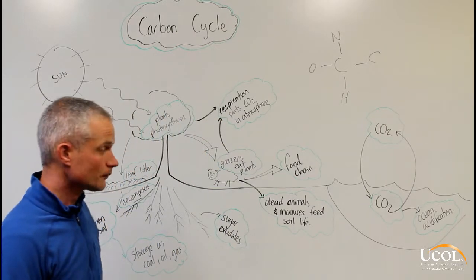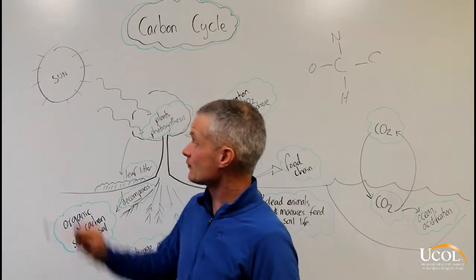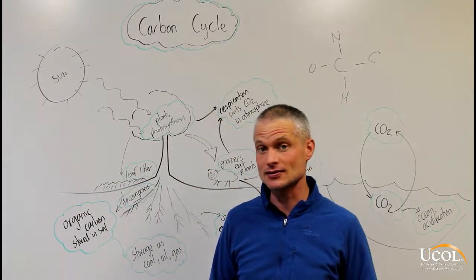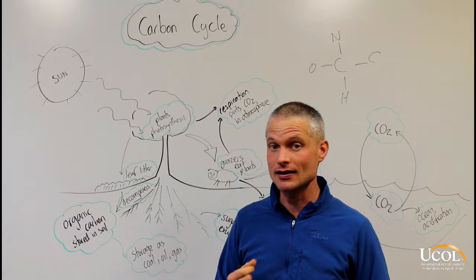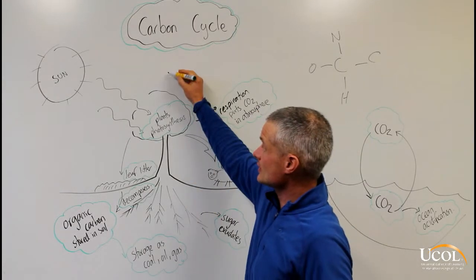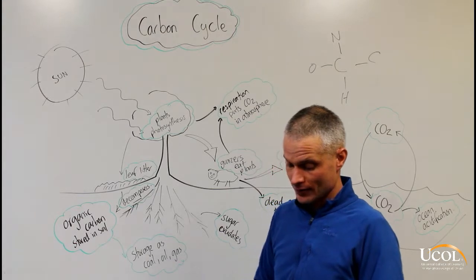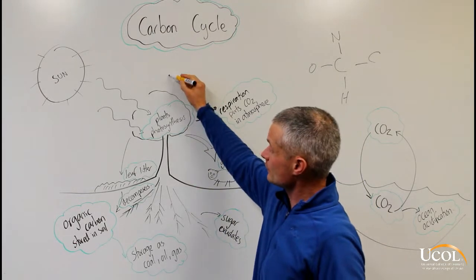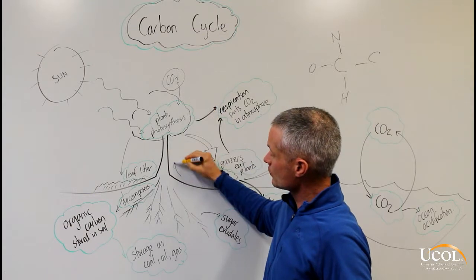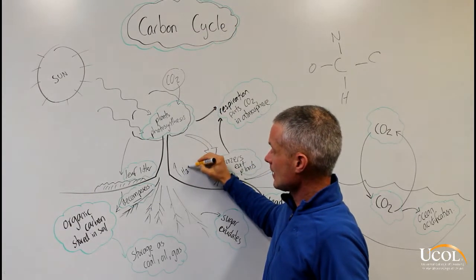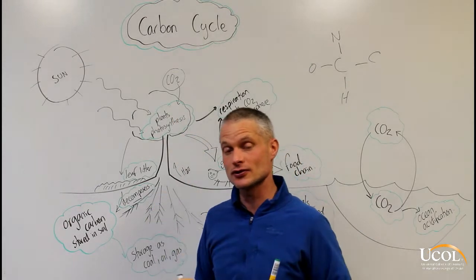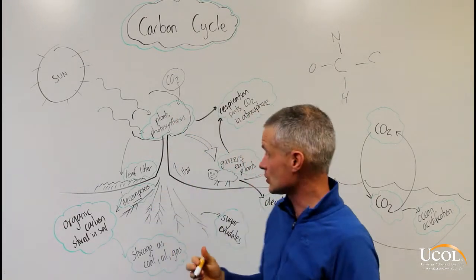So maybe the best place to start is from the sun, and the ability of plants through photosynthesis to use that sunlight to convert the carbon dioxide that's in the atmosphere with water that they absorb from their roots. They use the power of sunlight to fuse those molecules together to make a bigger molecule, which is sugar.